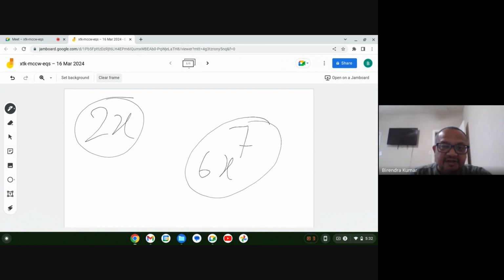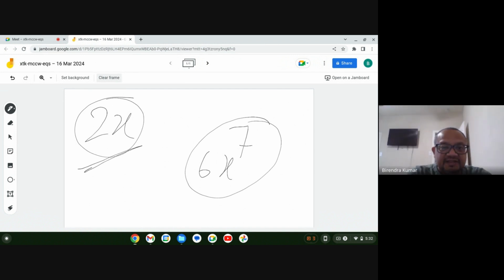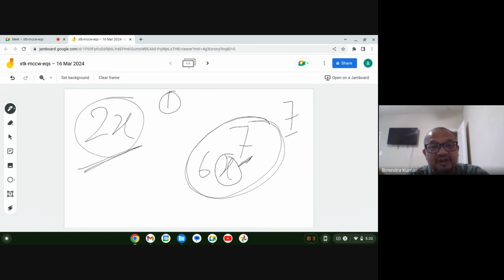But what is the degree of this monomial expression? 1, because the power of x is 1. Here, what is the degree of this monomial expression? It is 7, because the variable's exponent is 7. So there's a difference between degree and the type of polynomial expression.